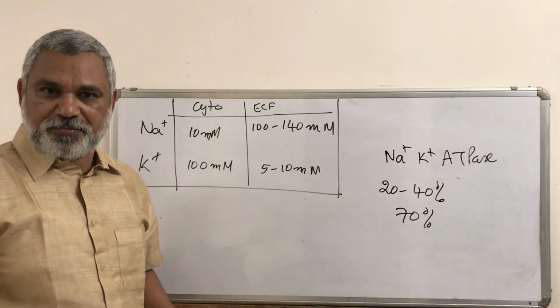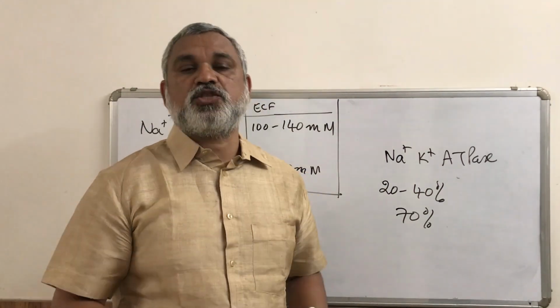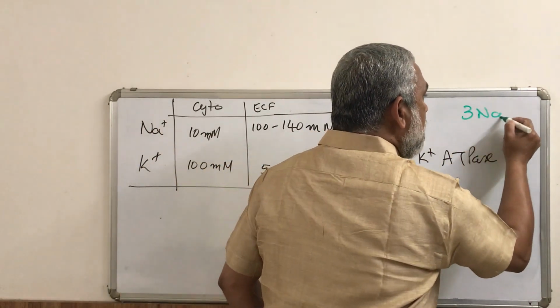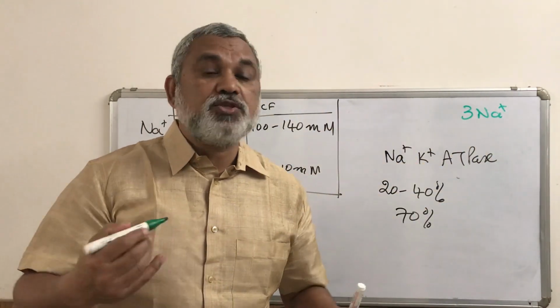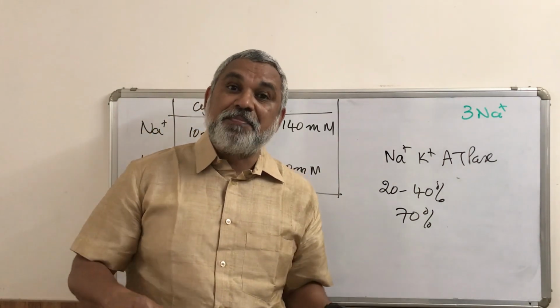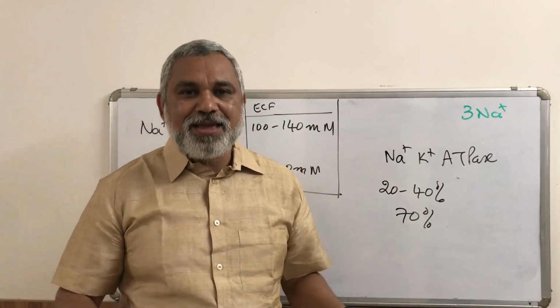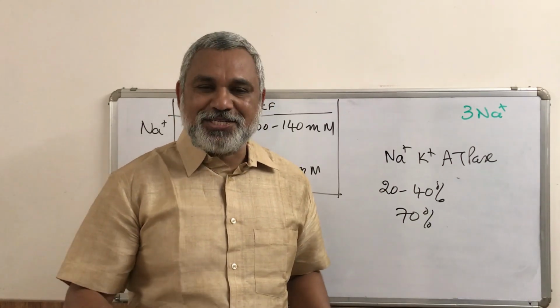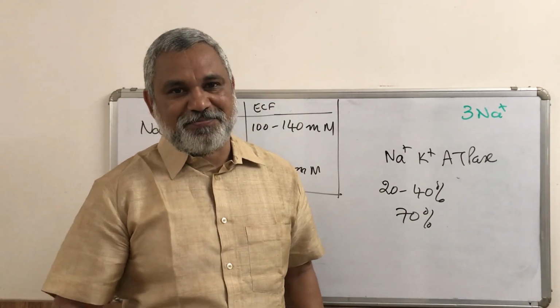What is the main function of the sodium potassium ATPase? It will pump 3 sodium ions out of the cell and also 2 potassium ions in. The sodium potassium pump has been used for maintaining the concentration of many ions like sodium, potassium, magnesium, calcium.